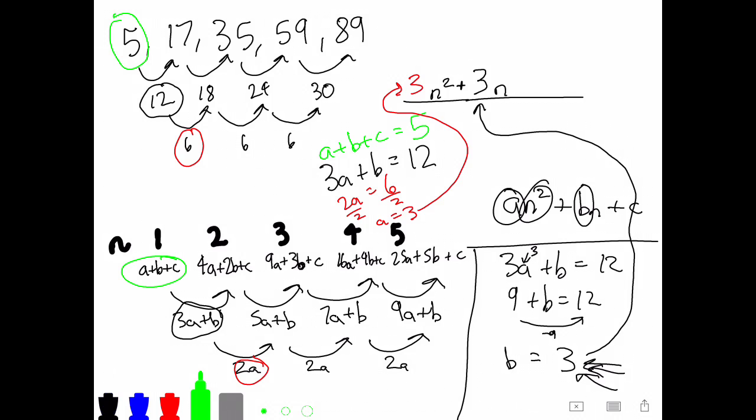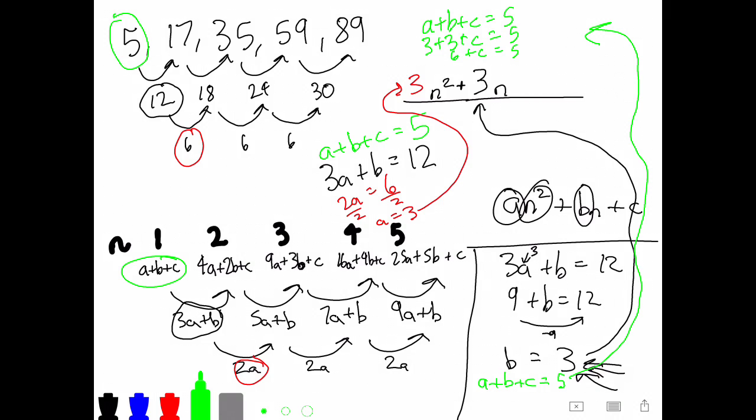And finally, how do you find c? Well, we know that a plus b plus c equals 5. I'll put it above. Drag up here. If we know that a plus b plus c equals 5, and we know that a is 3, and b is 3, then we know that 6 plus c equals 5.